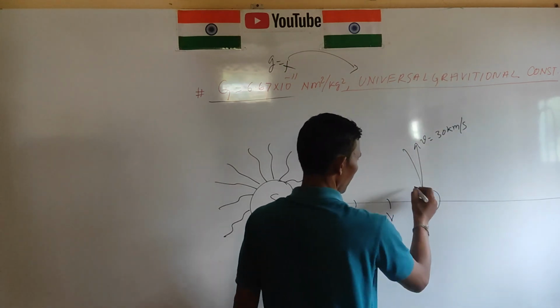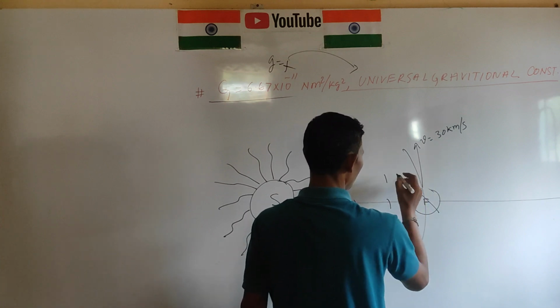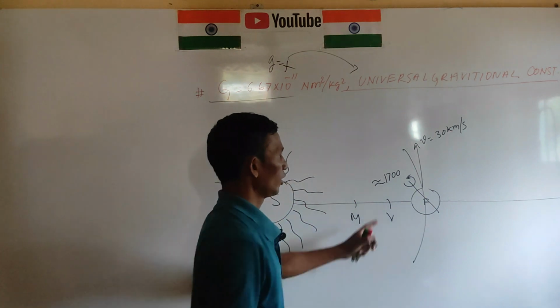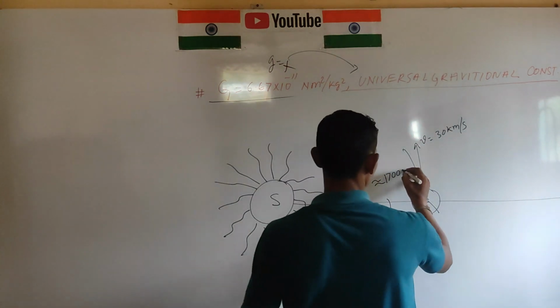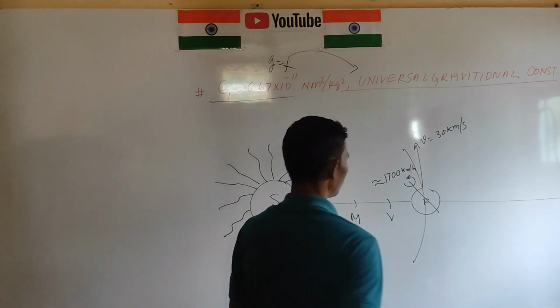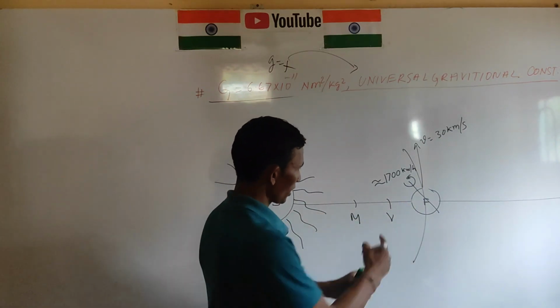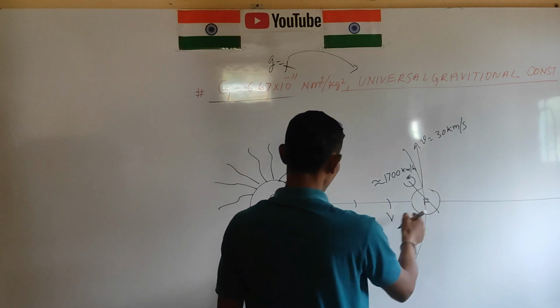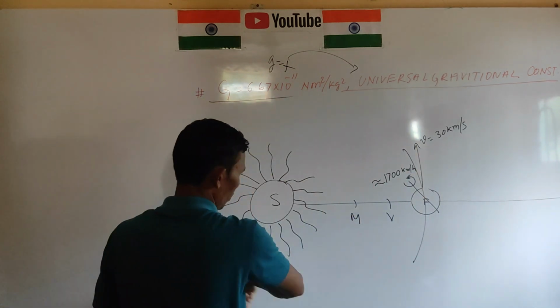Per second, and on its axis that is approximately equal to 1 kilometer per hour. So here is the axis, omega. This is the speed along this orbit.